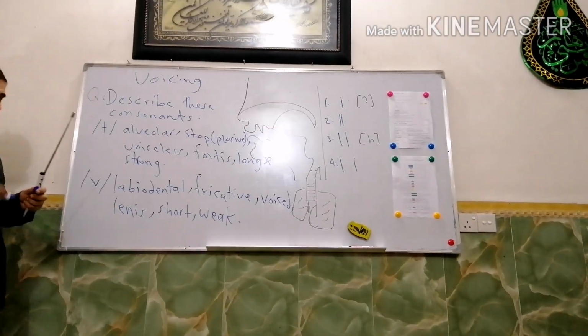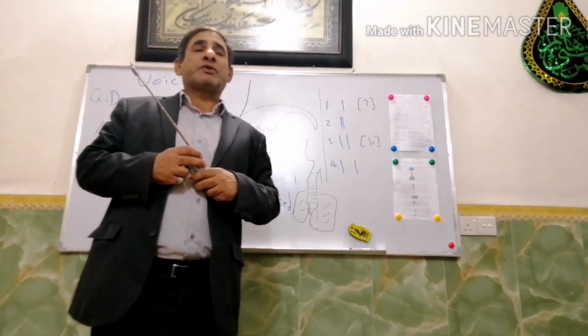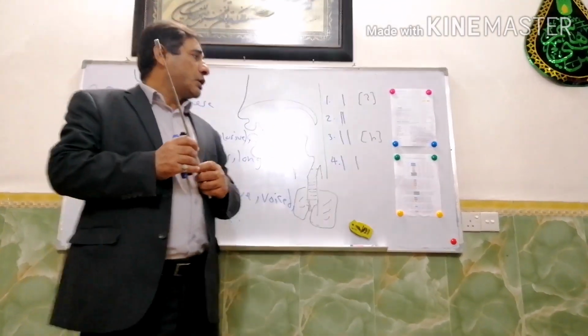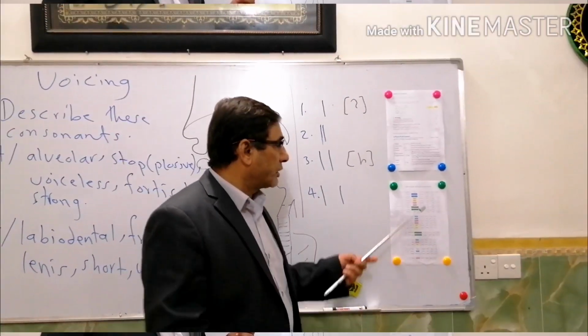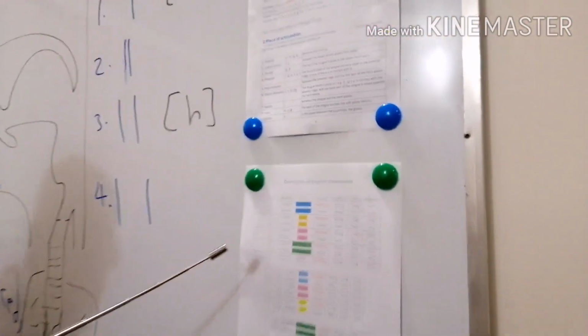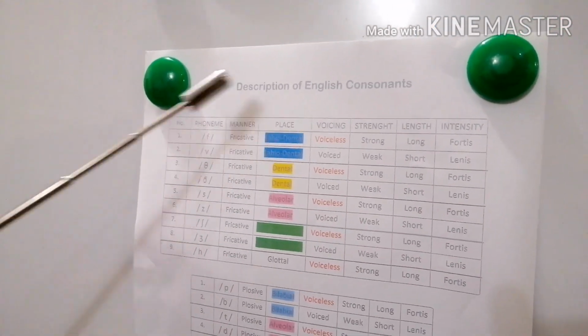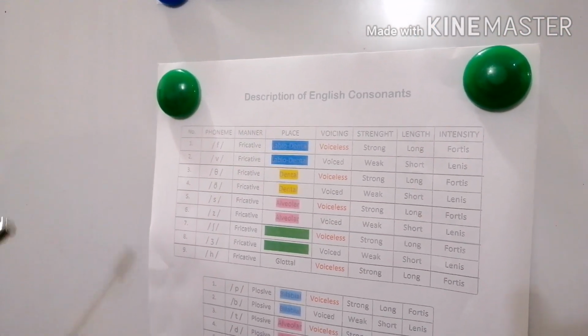So this is how to describe English consonants. Now, please, I'll show you a table of English consonants. Here, of course, this table gives you an idea about how to describe English consonants.